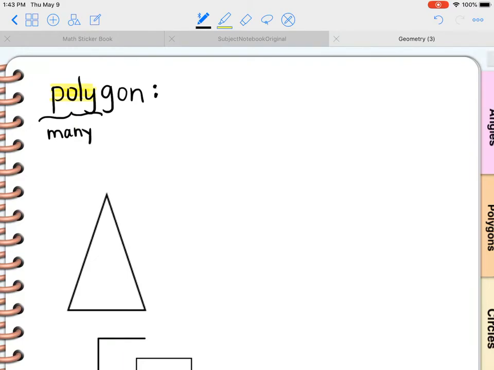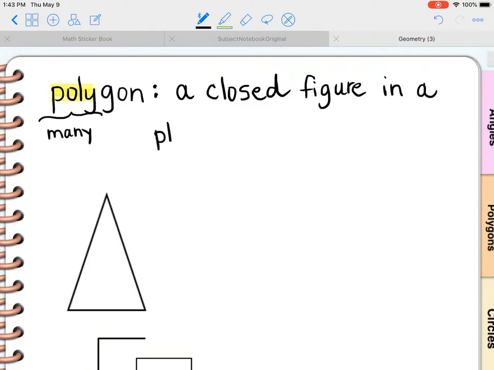And in geometry, a polygon is a closed, and let's get the definition and then I'll explain the parts to you. It is a closed figure in a plane, and I'm leaving some space so I can go back and add to that.